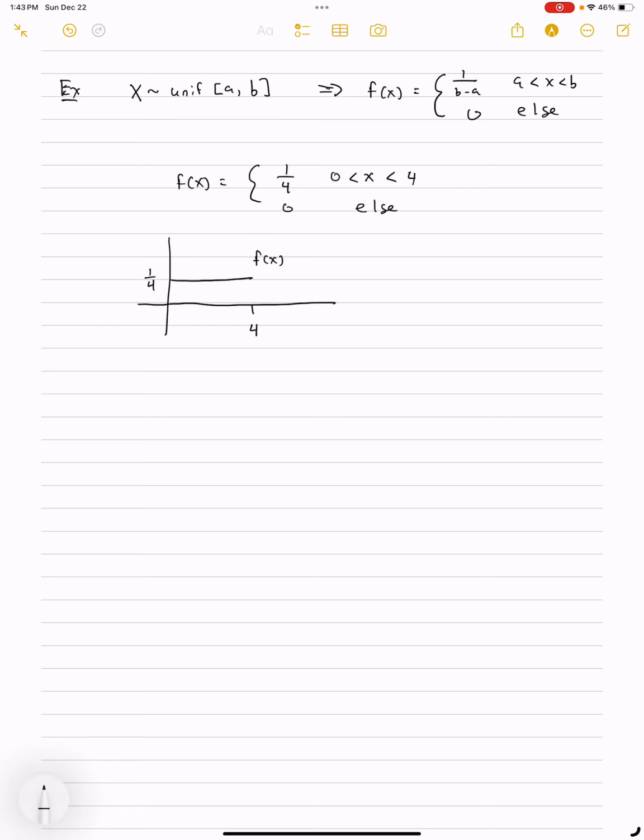Okay. So here we've applied a is 0, b is 4, and the density function here is 1/4. We know the total probability of f of x is 1, so intuitively, if we're asked to calculate the probability that x is bigger than 2, well, that corresponds to this probability.